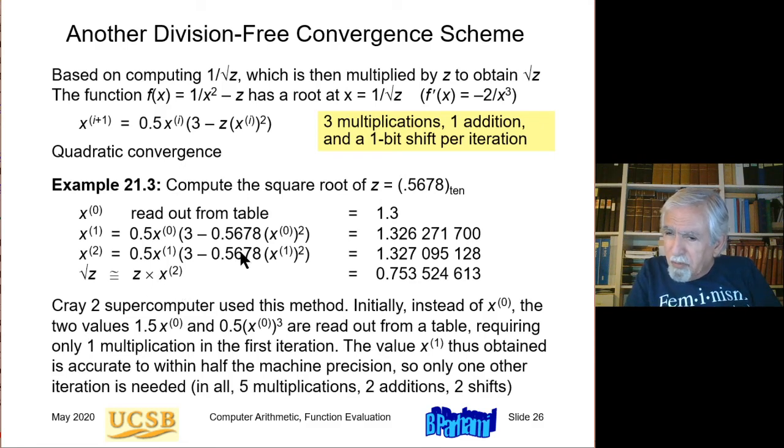So I have 3 multiplications here, 1 multiplication here, 1 multiplication there. A total of 5 multiplications, 2 additions, and 2 shifts to compute an accurate square root value, which is pretty impressive. Only 5 multiplications, and division is completely avoided.